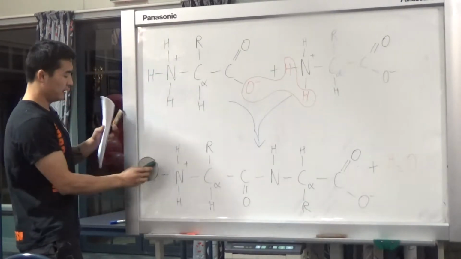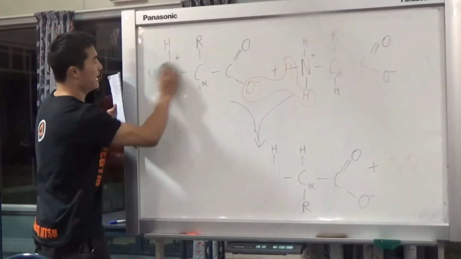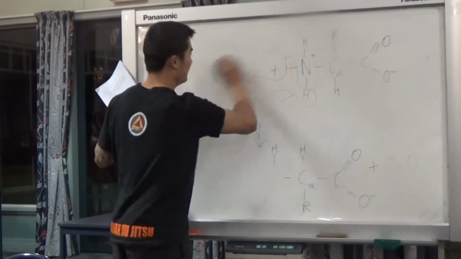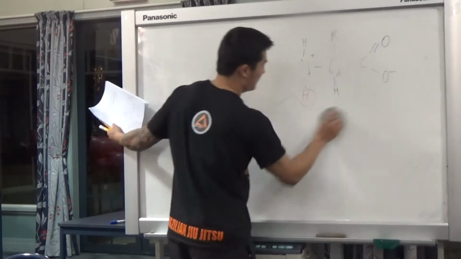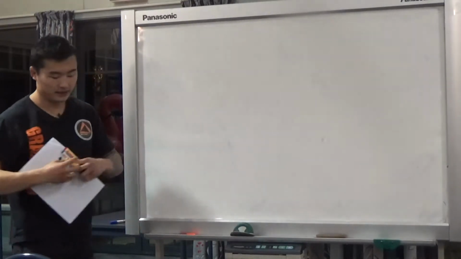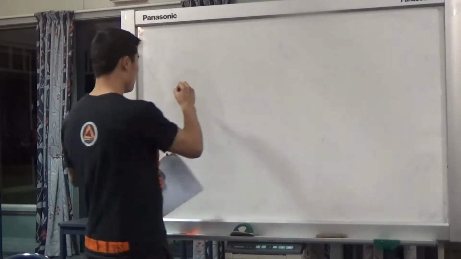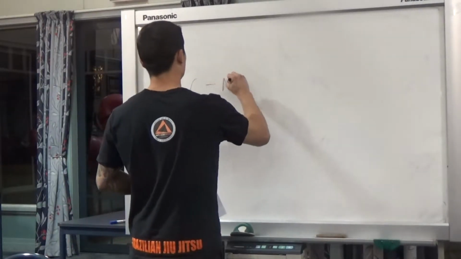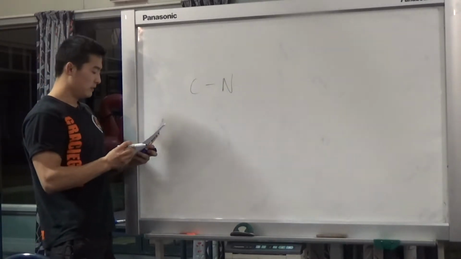Okay, and then the reason that the peptide bond has double bond character is because it has 2 resonant forms. So your first one here, you draw the carbon and the nitrogen.